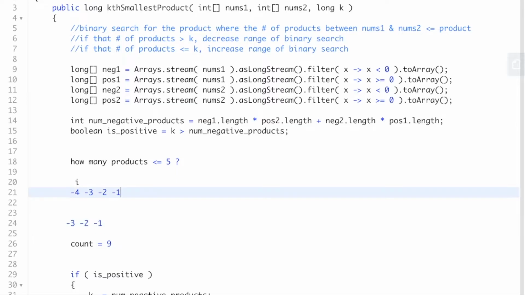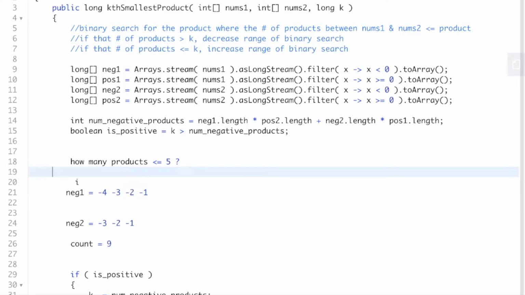So let's say this is our two negative partitions, right? When we multiply these two negative partitions, so let's say this was neg1 and this was neg2, then when I multiply these numbers by these numbers, I'm going to get positive numbers. So we multiply the positives by the positives or the negatives by the negatives, and that'll give us positive numbers.